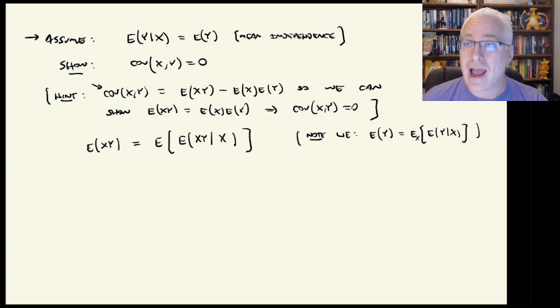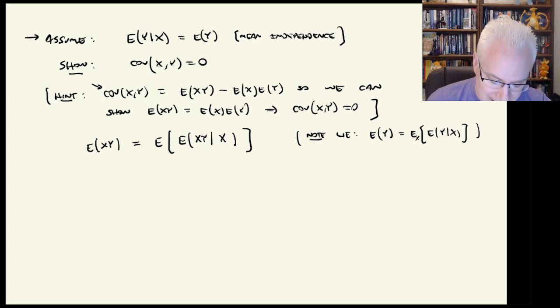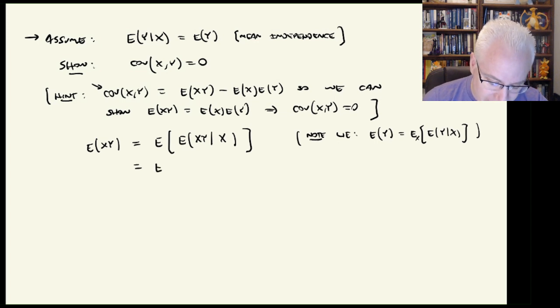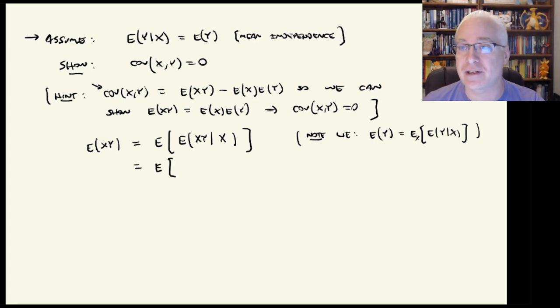Now the second little insight is related to the definition of conditional expectation, which is also going to come up again next week, and over and over again as we move throughout the semester. According to the definition of the conditional expectation, taking the expectation of something conditional on X says we are treating whatever is on the right side of the bar as a fixed and known quantity.